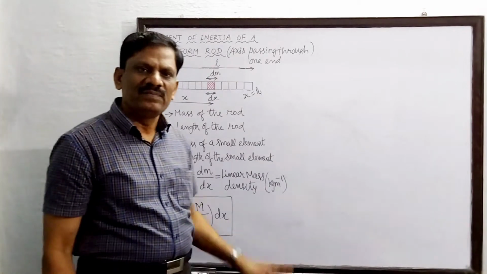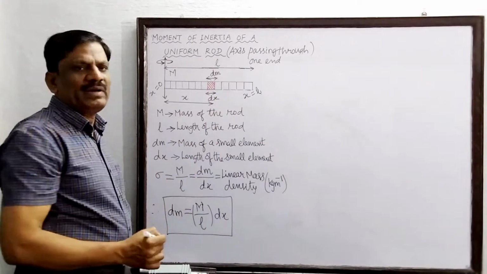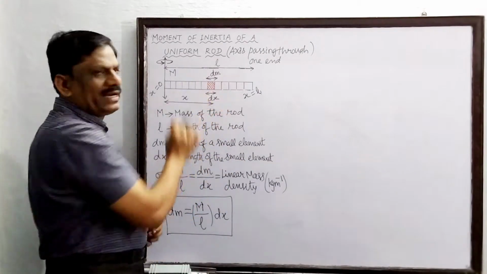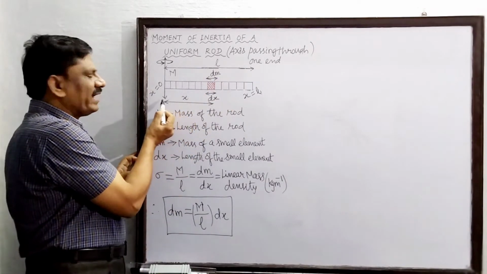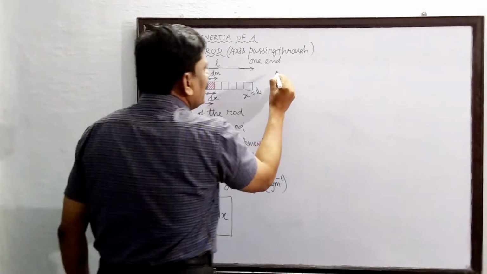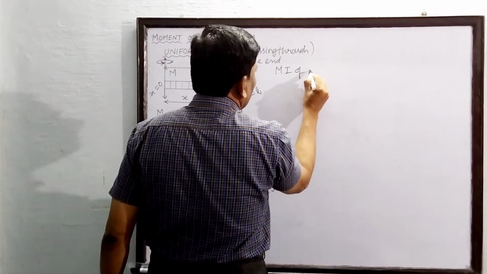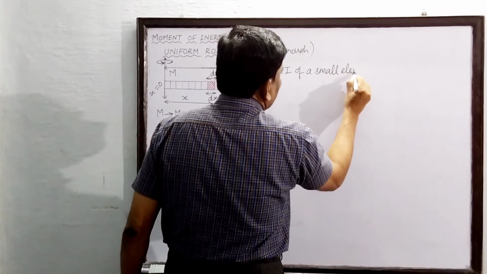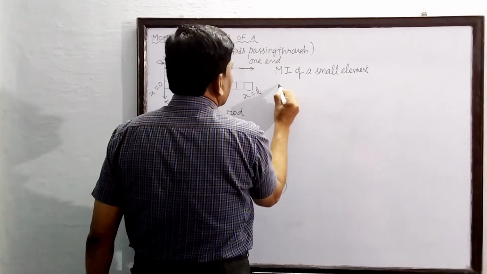Have you understood, students? Okay, now before finding the moment of inertia of the entire rod, as usual, we will choose only one element of mass dm, which is at a distance of x from the axis of rotation. So, what is its moment of inertia? I will find out first the moment of inertia of a small element about the given axis.